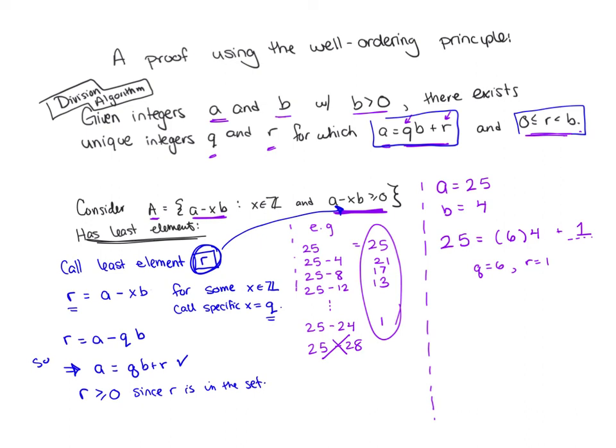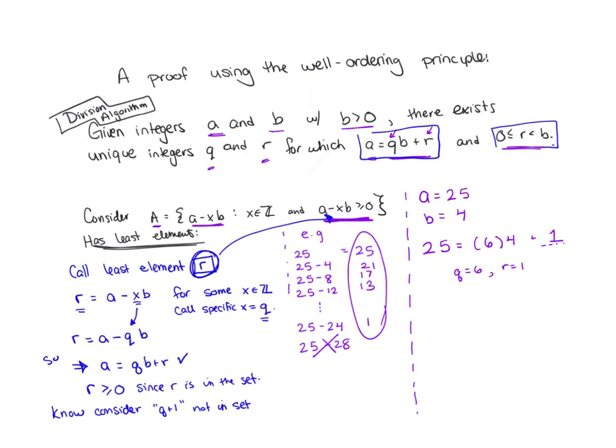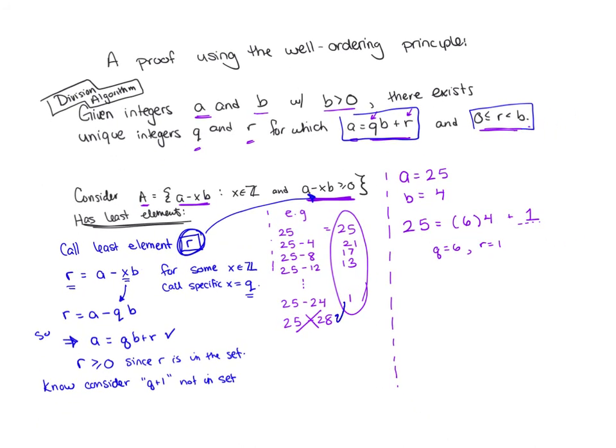But it's also the least element in the set. So I know that if I increase my x by one more, so if I consider that x is the same as my q, the q plus 1 guy, that's not in the set because I'm considering the smallest thing in the set. So if I go one more, I'm no longer in the set.